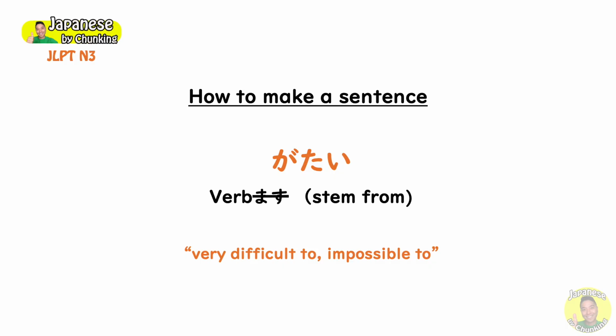Okay, so let's take a look at how to make a sentence one more time. がたい。You need to use the stem form of a verb. And how to get this stem form is think about masu form of the verb.